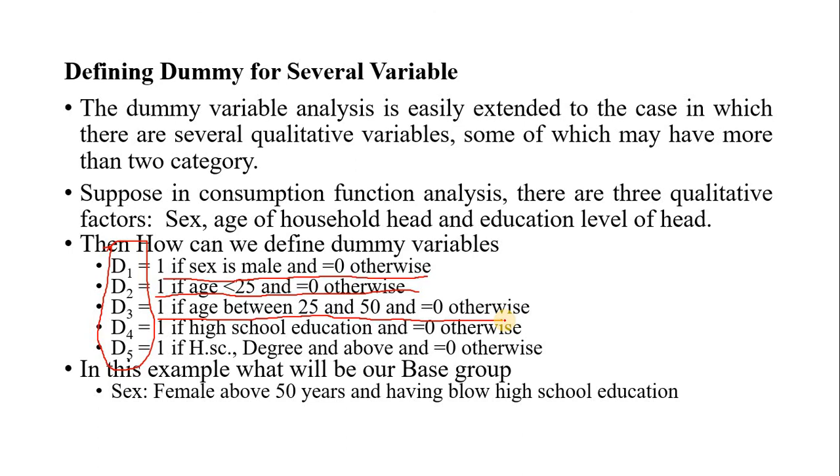So here we have 2 dummies for age. What does it mean? It means that there will be 3 categories: below 25, 25 to 50, and more than 50. So for this we are introducing only 2 dummies. d4 is 1 if high school education, 0 otherwise, and d5 is 1 if higher secondary education degree and above, and 0 otherwise.